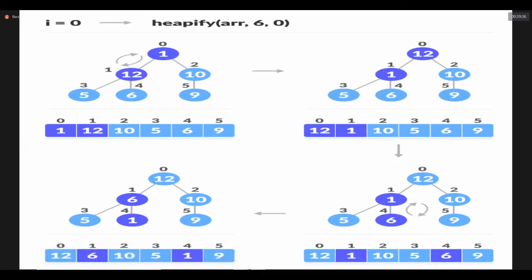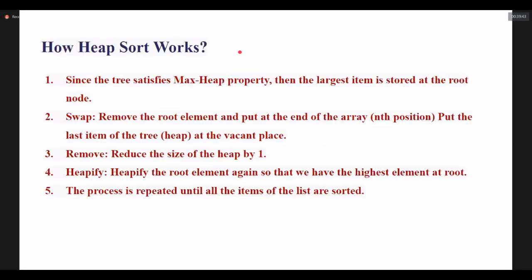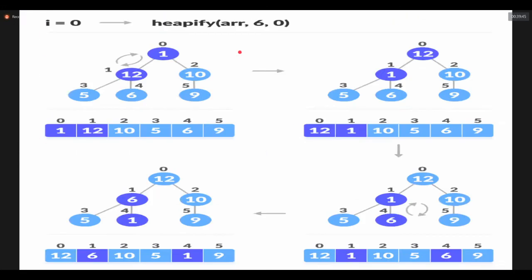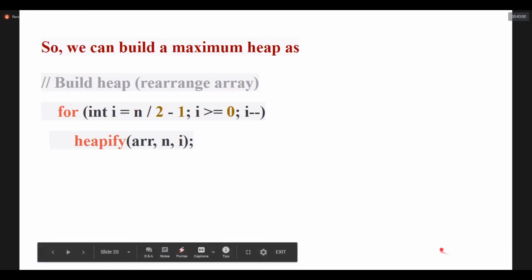The heapify process started at n by 2 minus 1, and the process goes up to the root. The process is repeated going up to the root.